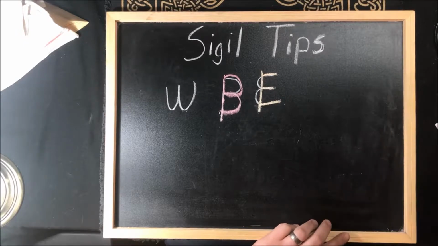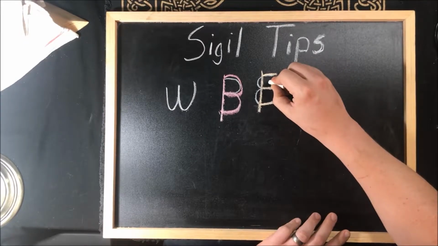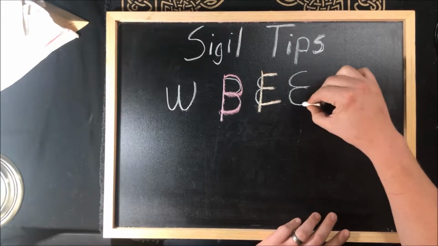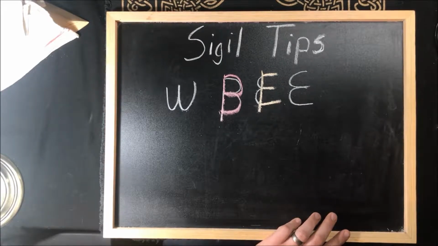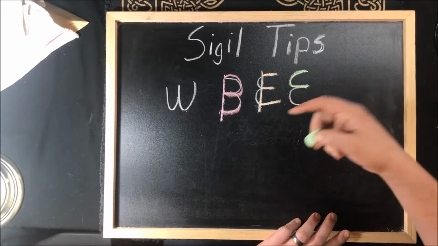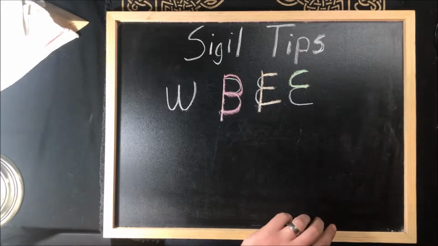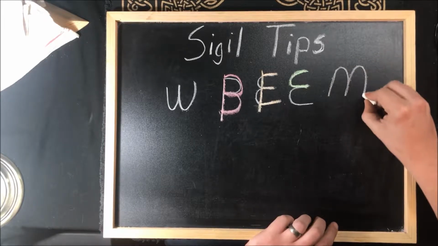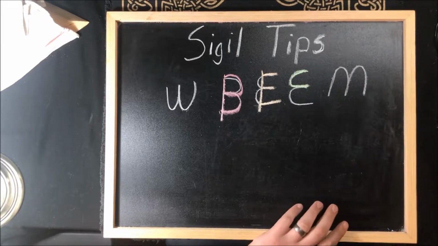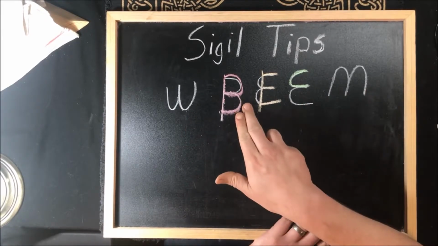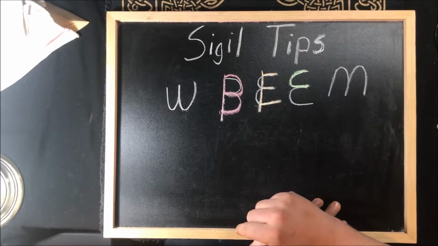And then also with the W this way, one loop can become a C. So if you have a C, E, B, W, and also if you flip the W upside down, you get an M. So with this process, with a W, it will double as 5 other letters.